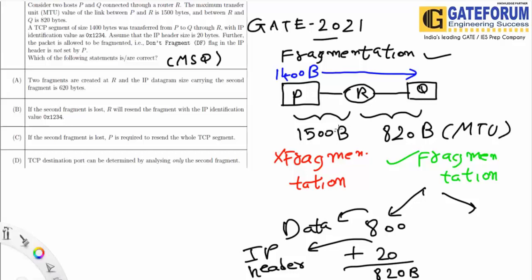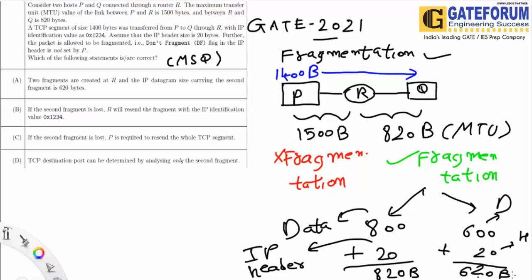Now, out of 1400 total data, if we remove 800 bytes in the first fragment, the second fragment would have 1400 minus 800, which is 600 bytes of data, plus 20 bytes of header. So in total, it would have 620 bytes.